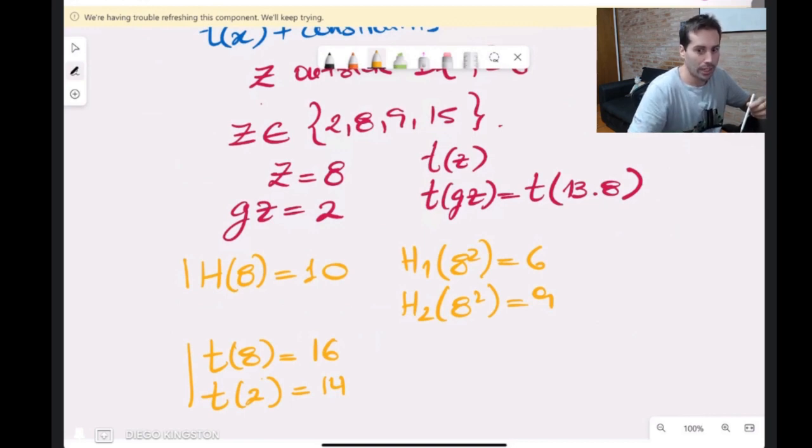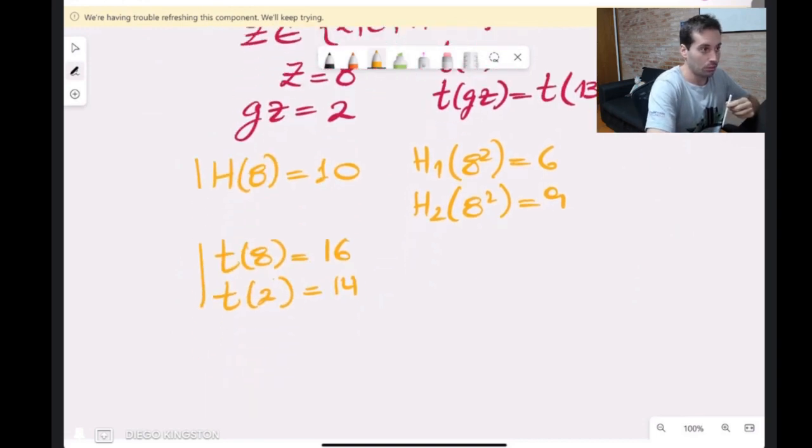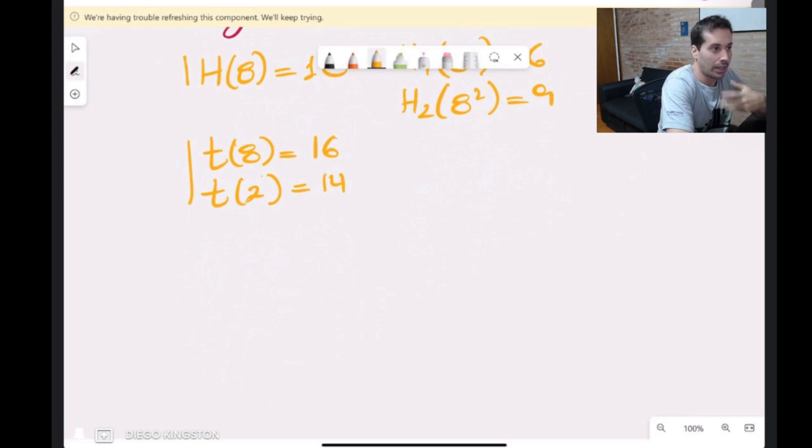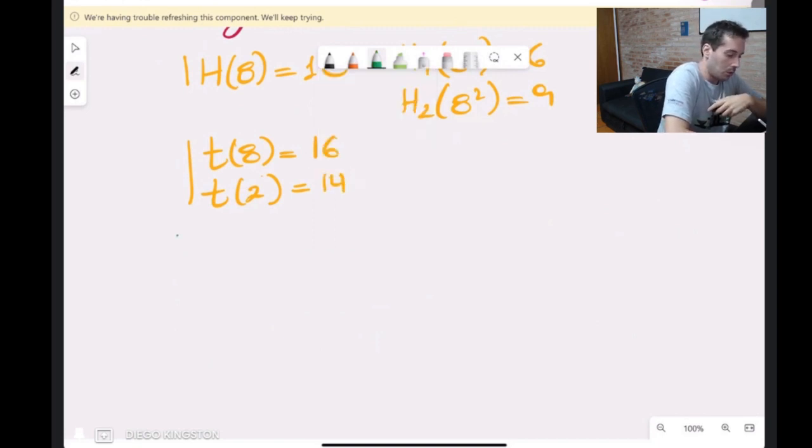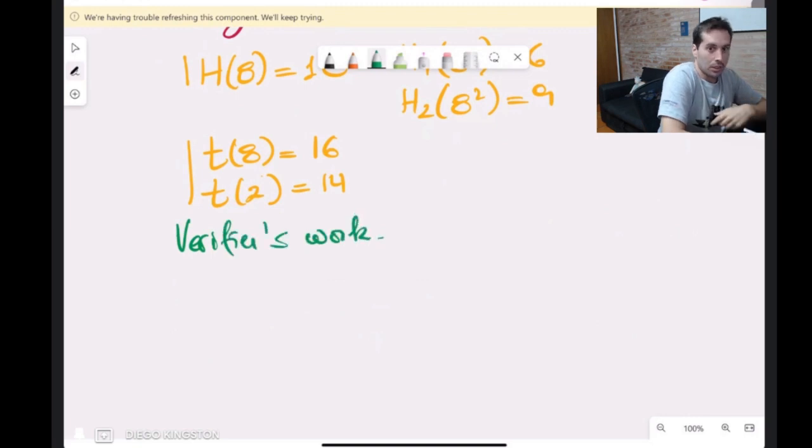So why does the verifier need this? Well, we can show it by explaining how the verifier is going to check that relationship. And so this is what we would call the verifier's work.